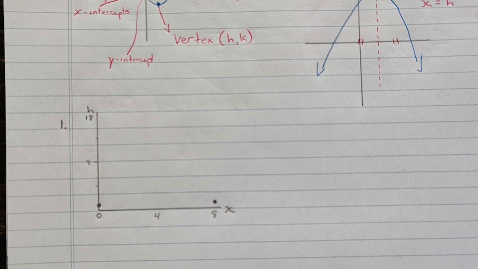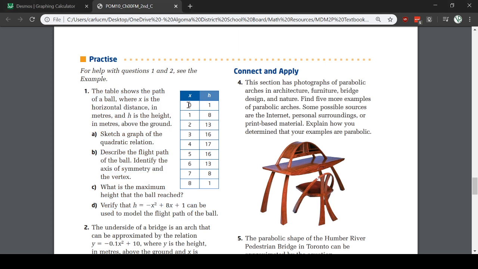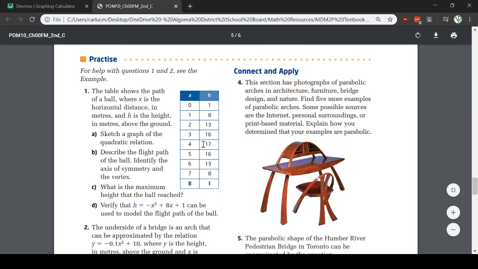parabolas are symmetrical, each of these sets of points you can see have a mirrored point. If I transition back here, each of these points is mirrored. So we have, let me switch over, 0 and 1, and 8 and 1.